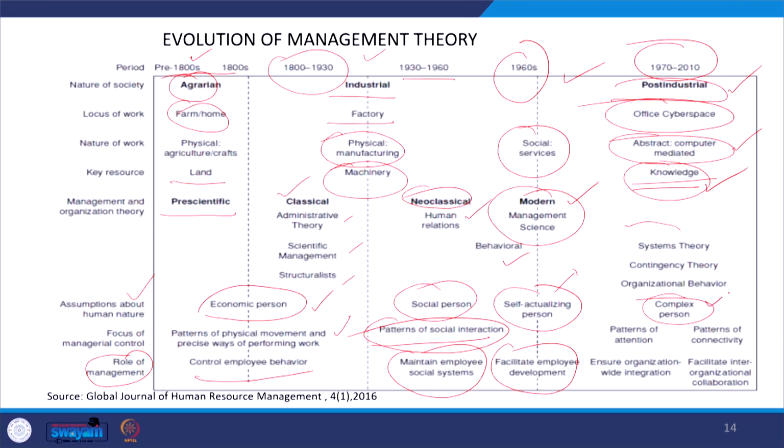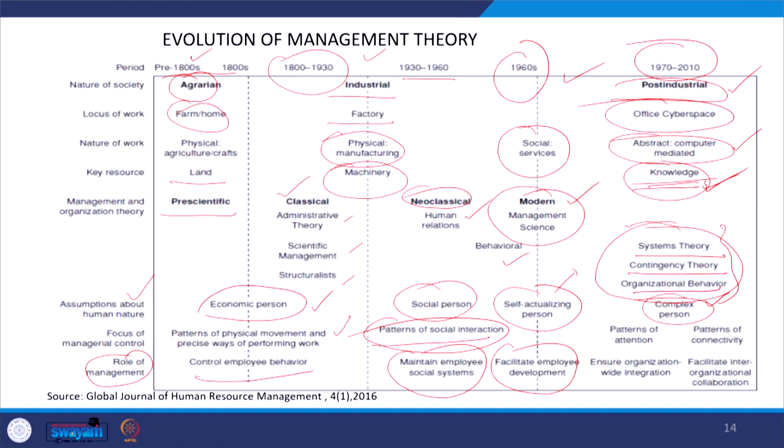So, employees are considered to be complex individuals, their knowledge is the prime concern, and they add value to the organization by creating new knowledge and new information through their knowledge, experience and expertise. The dominant management and organizational theories are systems theory, contingency theory and organizational behavior theory.